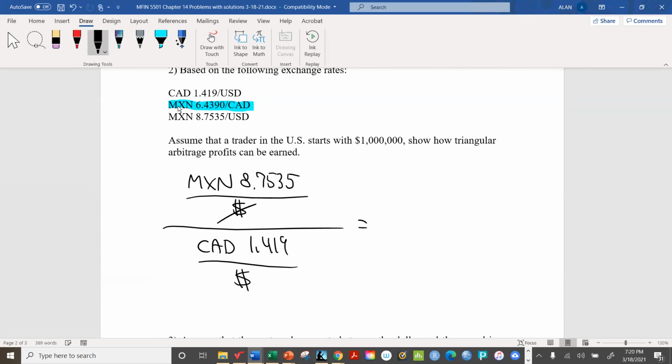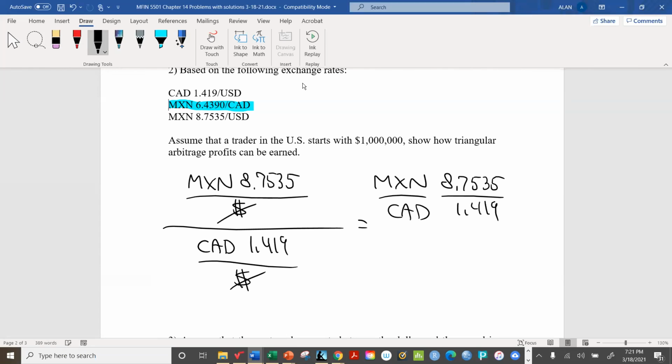So in this case, these just drop out. So whatever I end up with is Mexican pesos per Canadian dollar, which is what I want, 8.7535 over 1.419.